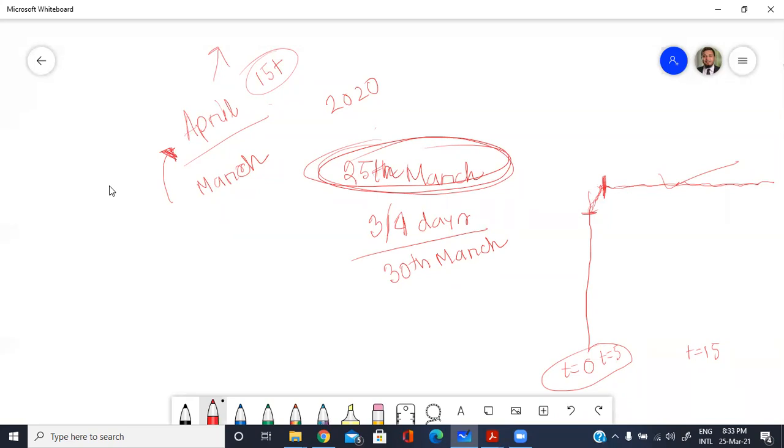Are you with me? Yes, sir. Okay. So if the Grameenphone stock is trading, for example, at this price in this way, there should be a prior adjustment. Have you got the reason for this prior adjustment?